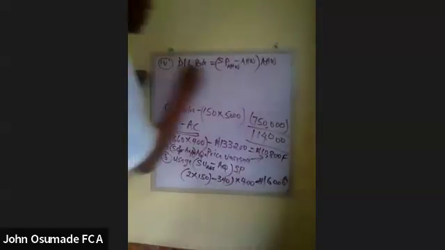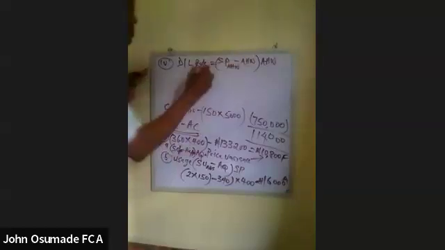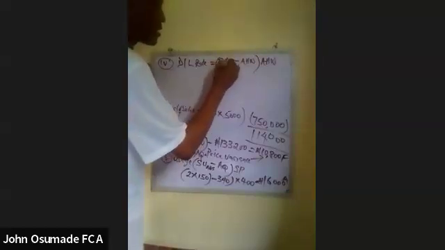Look at the standard cost estimate that is given at the beginning of the question. They said 5 naira per hour. So that would be the standard price or rate.